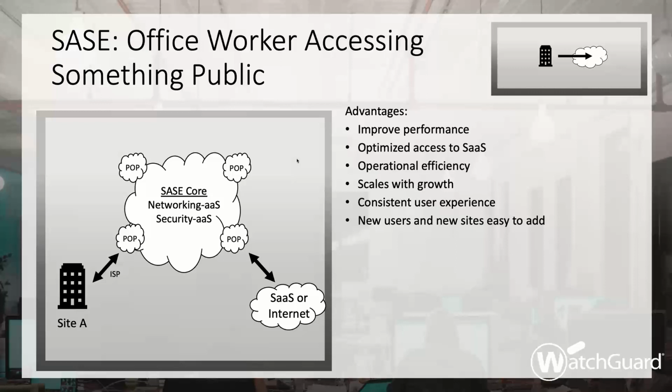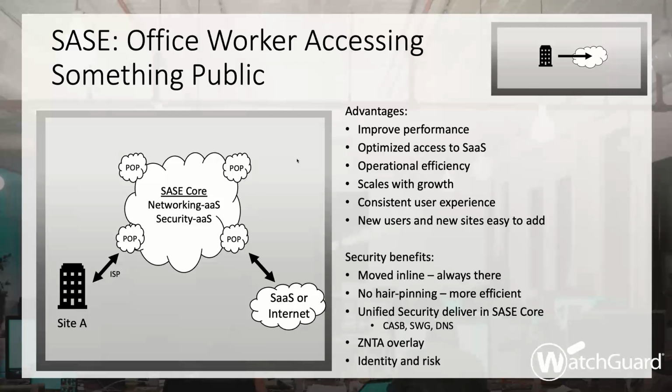And again, my security now is in line, right? The user is on their way to the internet. Security's in line. With a traditional deployment, it was likely in line as well, right, as you were routing out to the internet, but you may have to go to the corporate headquarters first, right? In this scenario, you don't need to, so you eliminate some of those hairpinning or additional routing scenarios.